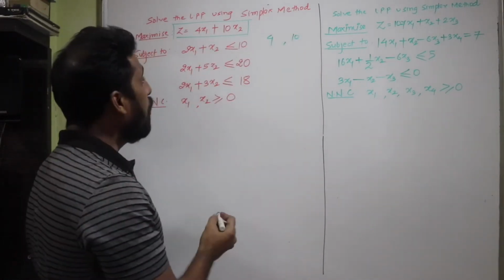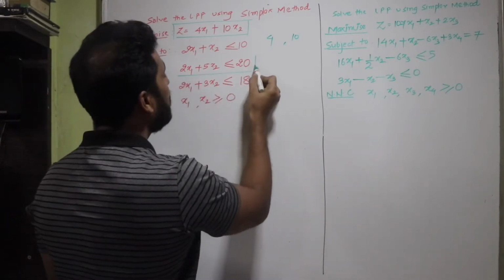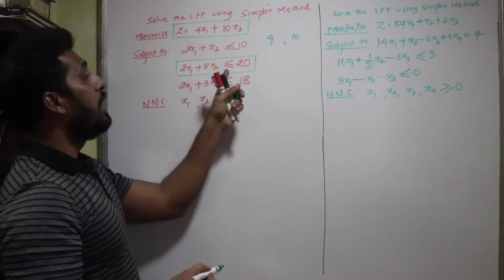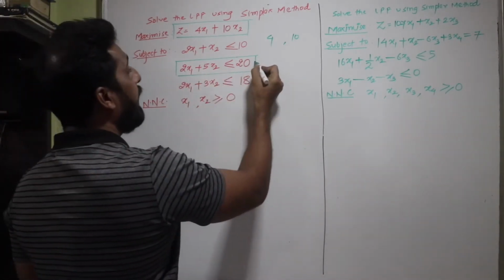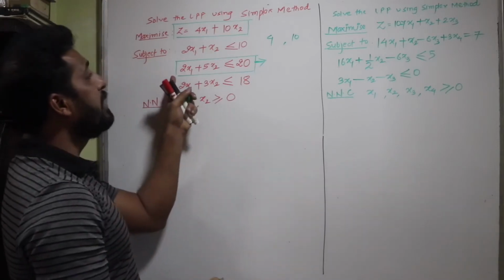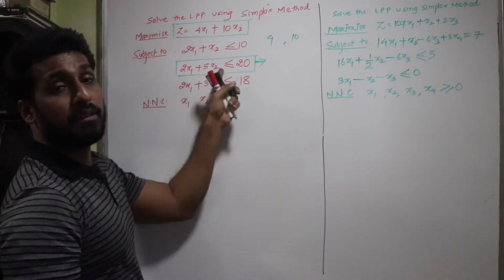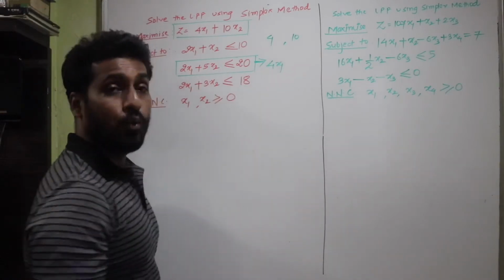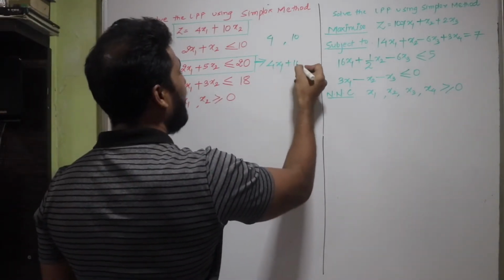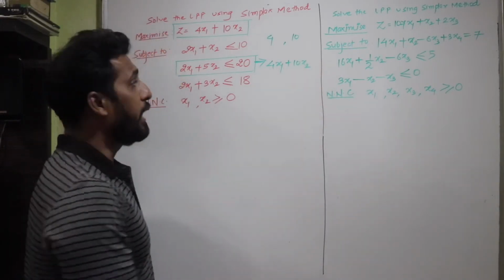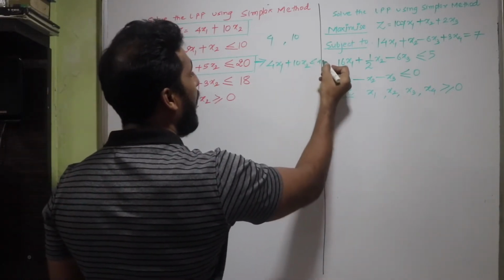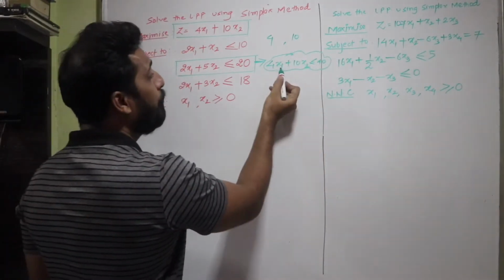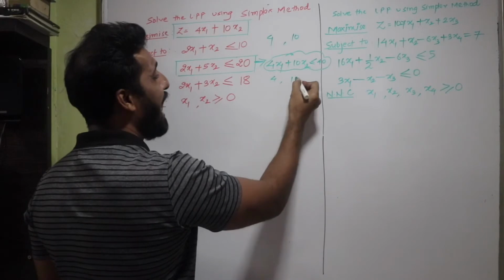Now if you observe this subjective function, which is 2x1 + 5x2 ≤ 20, and I multiply this subjective function by 2 on both sides, I get 4x1 + 10x2 ≤ 40. Now look at this subjective function. The coefficients of x1 and x2 are 4 and 10.